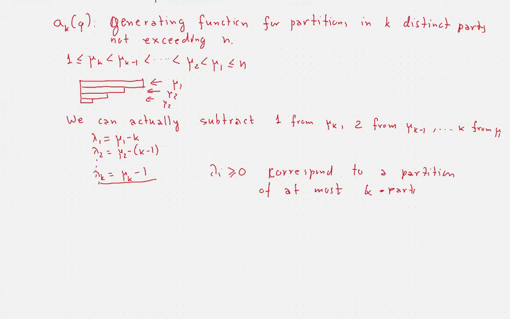And the largest number that we will have, k parts, that do not exceed n minus k. Okay, so in other words, we're talking about partitions that are contained in the grid that has k rows and n minus k columns.